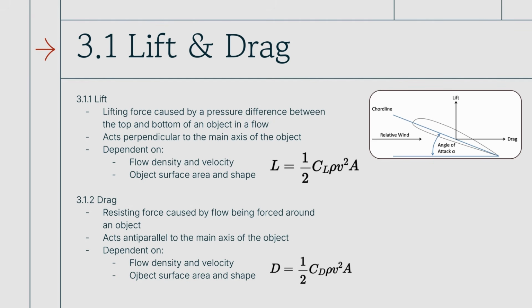That CL value, very mysterious. We just have it in there. Essentially, it can account for changes in lift with angle of attack. It can account for geometries, and it can account for the type of flow, whether you're supersonic or subsonic. So that value is just there to represent a bunch of other variables that can affect how much lift you're generating. But in every single case, it's always proportional to that rho v squared.